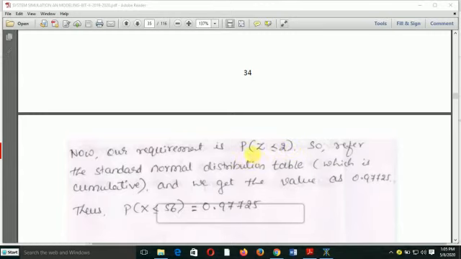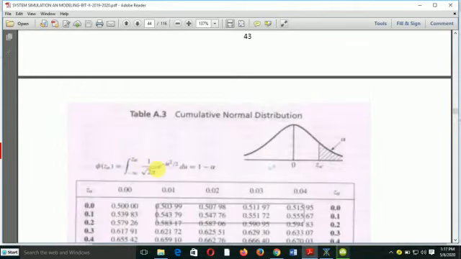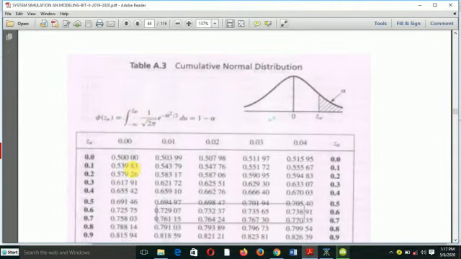You can find the value by going through the normal distribution table. This is a cumulative table, so we are going to get this value. How did we get it? Let's check where z is equal to 2.